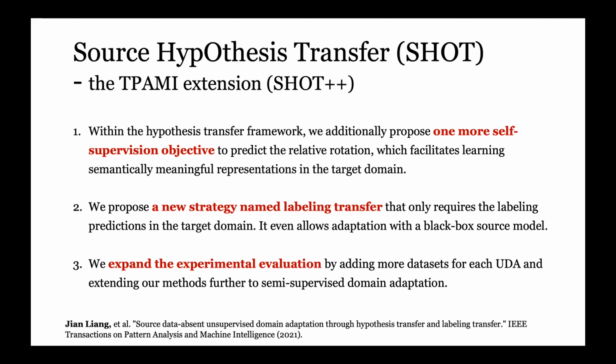Then we also propose a new structure called labeling transfer after the standard training, which only requires the labeling predictions in the target domain. At last, we also expanded the experimental evaluation by adding more data sets to evaluate the effectiveness of our methods on more benchmarks. Okay, next.